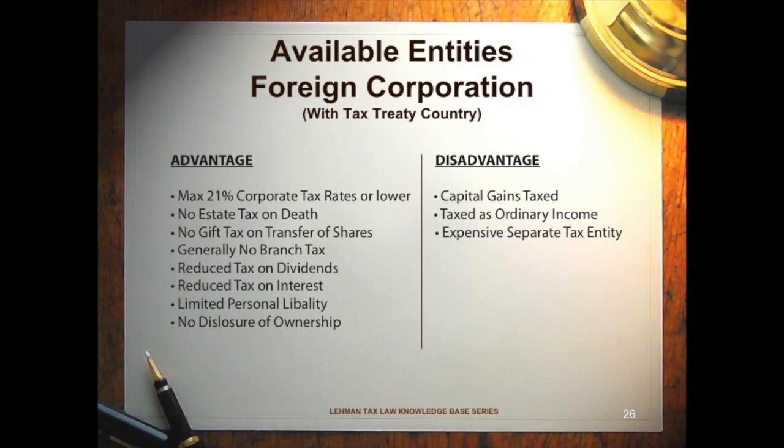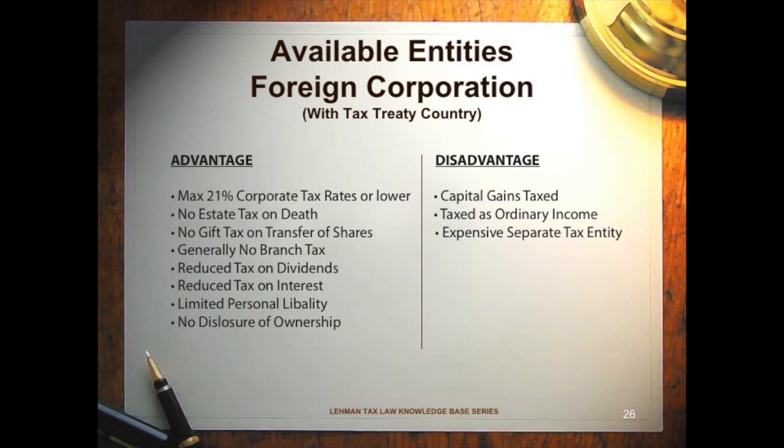So many times you will find that the people in countries that we have a treaty with will not open a corporation in their home country, because if they do, they may wind up paying taxes on their U.S. income in their own country. So it depends on the country as to whether it's going to be useful, if you're in a treaty country, to open a corporation there.